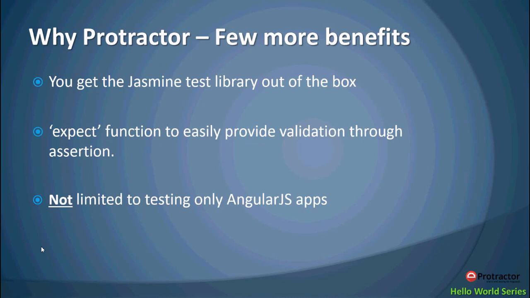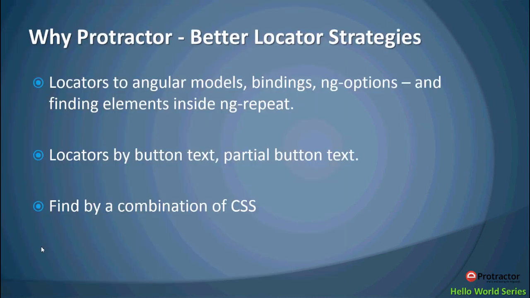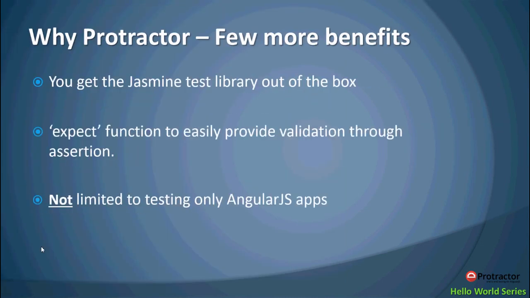So whatever you have seen here, this is written in Jasmine. And I already explained to you that we already get expect function for easy comparison, and we already discussed this point as well, that it's not just limited to testing only AngularJS applications. You can use your non-AngularJS applications while using Protractor.